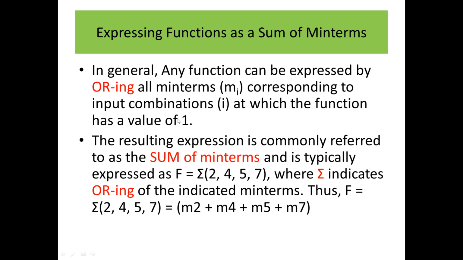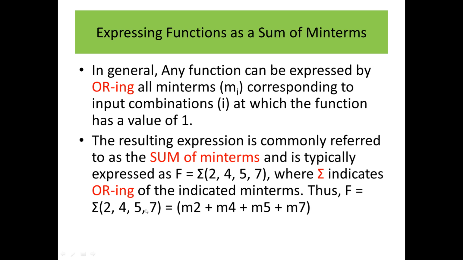The resulting expression is commonly referred to as sum of minterms, and is typically expressed as f is equal to summation 2, 4, 5, 7, where summation indicates ORing of the indicated minterms.